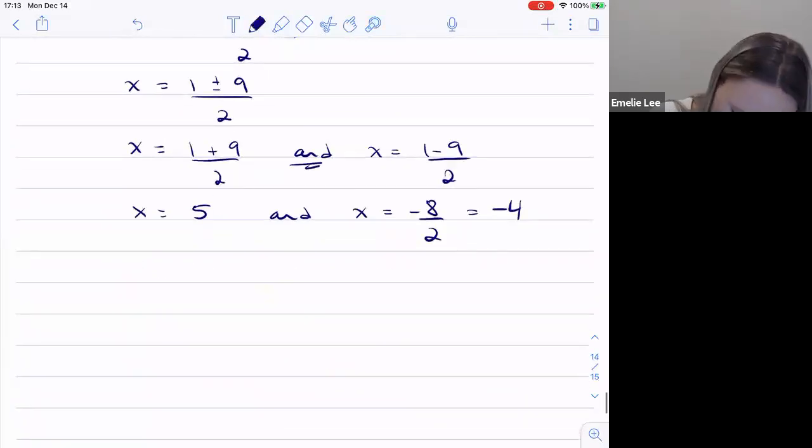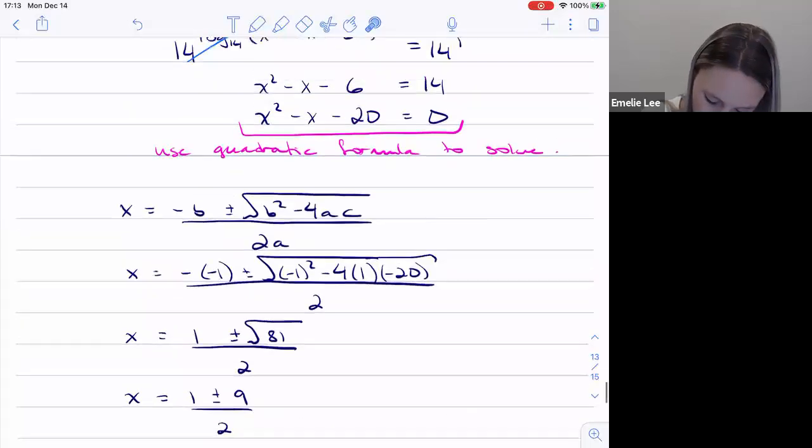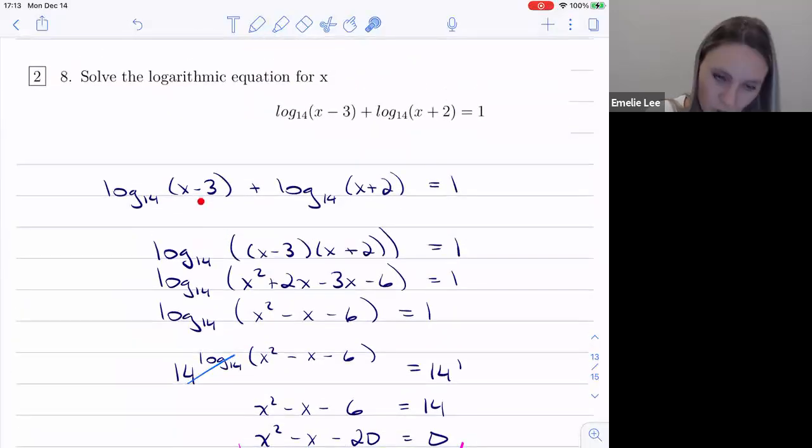So x equals 5 is in the domain. Kind of check mark. Negative 4 probably isn't. Let's see here. Negative 4 minus 3 makes a negative, right? So it's not in the domain. Negative 4 plus 2 is also not in the domain. So we can't have it as a solution for x in these logs. Good.